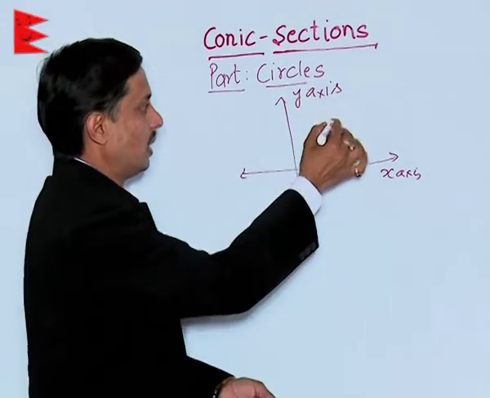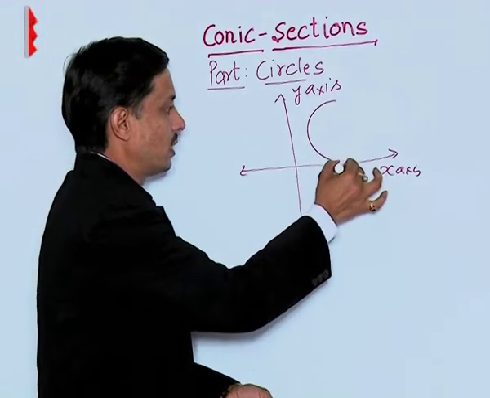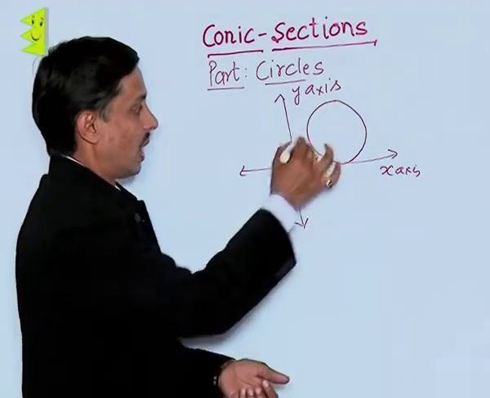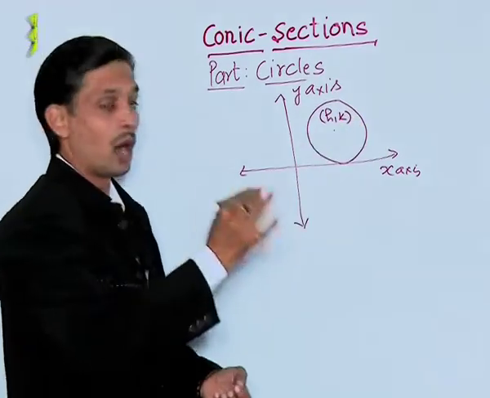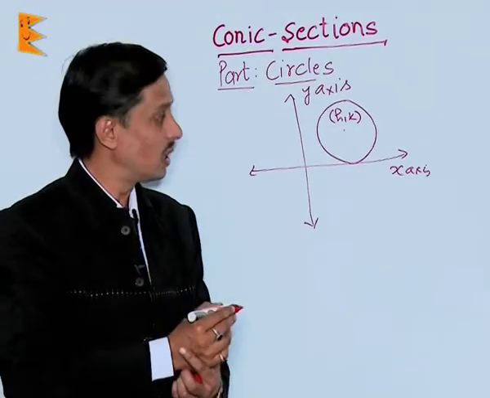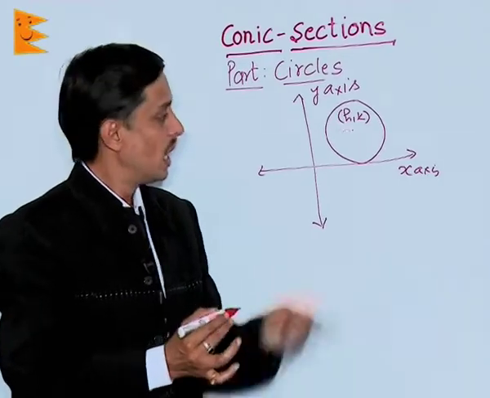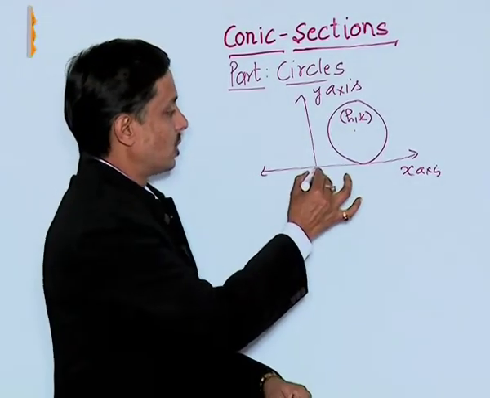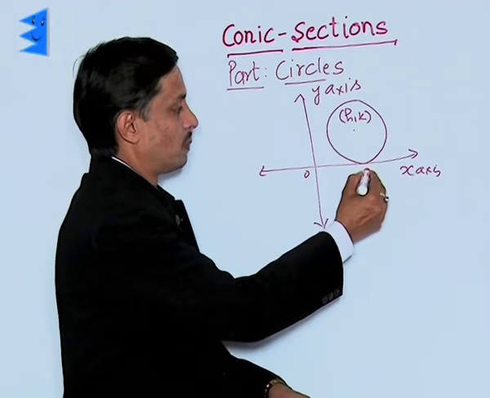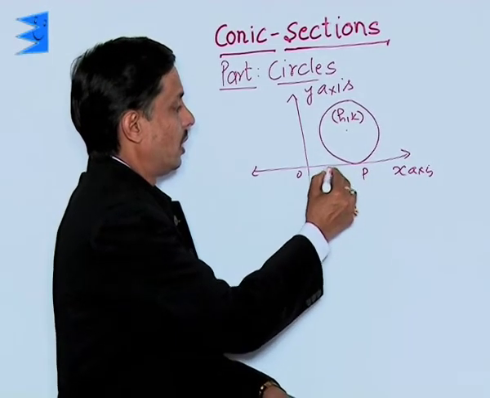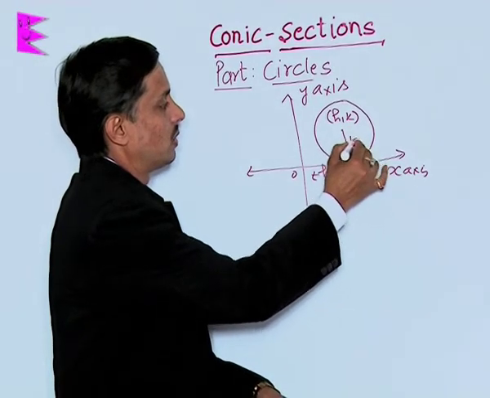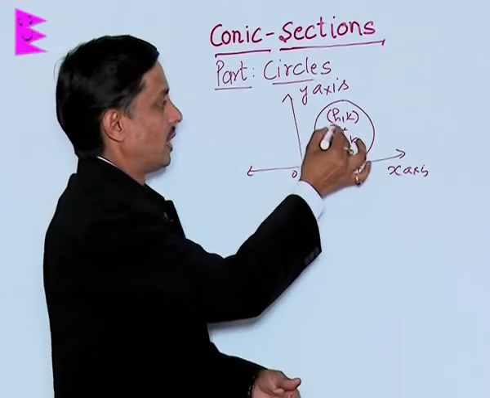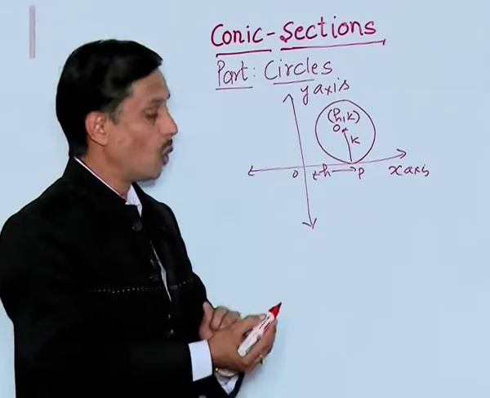If a circle is touching the x axis having the center coordinates h comma k, how do we find the equation of the circle in this situation? H comma k means this distance from origin to this point of contact is suppose h, and this height is k.